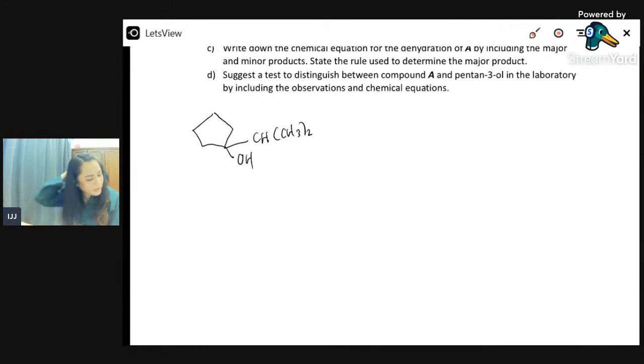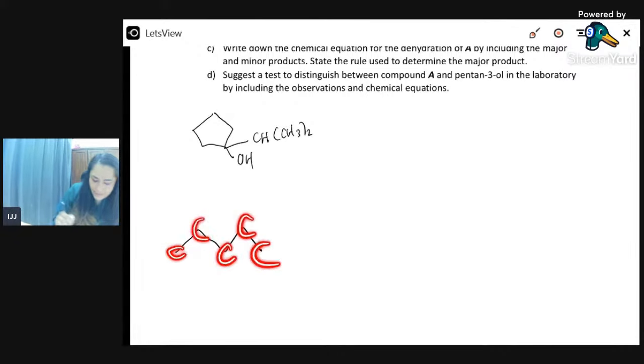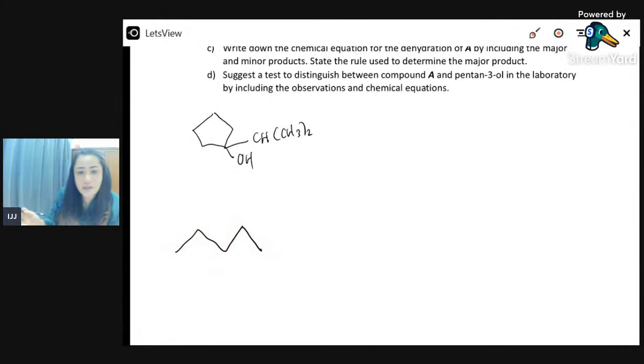So pentan 3-ol is actually 3-pentanol lah. Okay, pen tu berapa carbon? Pen tu ialah 1, 2, 3, 4, 5. So kita kira lah, okay, 1, 2, 3, 4, 5, 5 carbon, okay, pentanol. So 3-ol maksudnya kedudukan kamu punya OH ialah carbon ketiga.